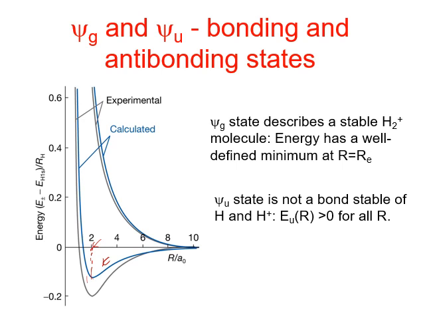On the other hand, for the ungerade or the anti-bonding molecular orbital, there's no minimum energy. The energy goes up all the way as the distance decreases, and that means there's no distance that makes the molecule stable compared to the atoms. So it's an anti-bonding state. And you can also see the experimental data resembles the theoretical calculation very well.